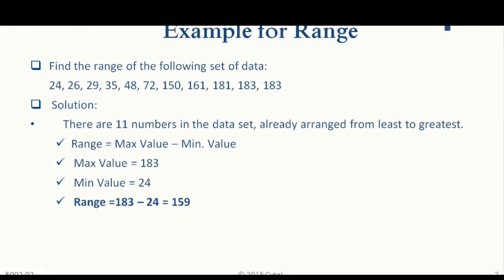Another drawback of range is that it doesn't take into consideration all other observations. It just considers the minimum value and the maximum value. So statisticians thought about other measures of dispersion. Now we will learn the other two important measures of dispersion: one is the interquartile range and the other is variance or standard deviation.